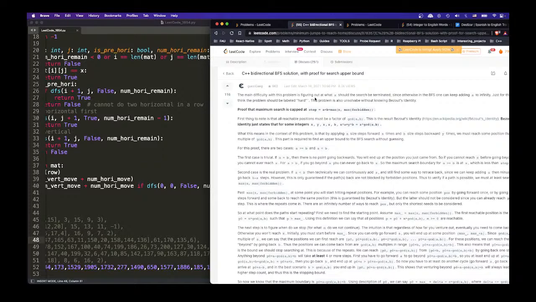Proof that maximum search is capped at a plus b plus maximum x. Ooh. All reachable positions must be a multiple of the GCD. For some integers x, y, z, and a, b, x times a plus y times b equals z times the GCD.